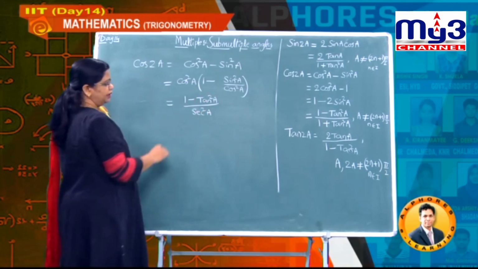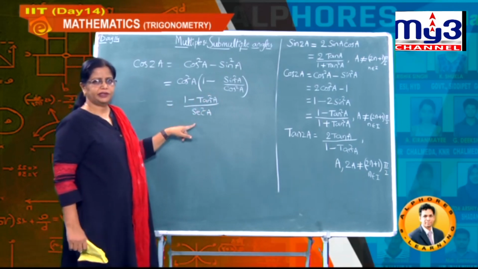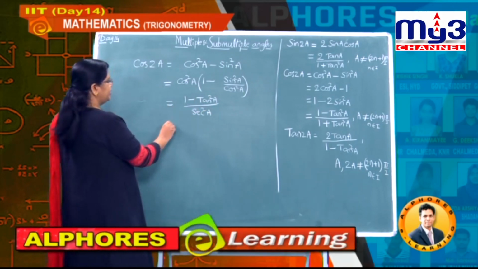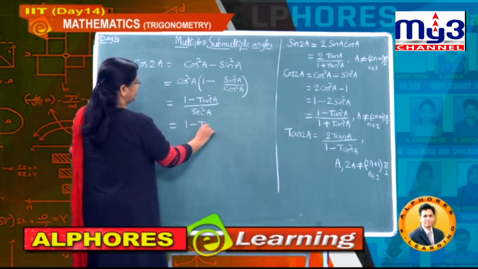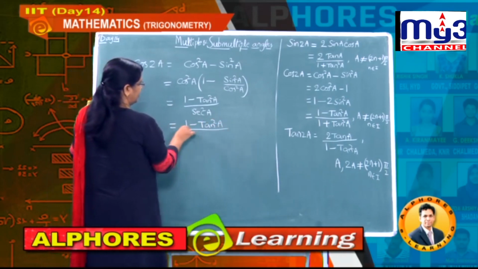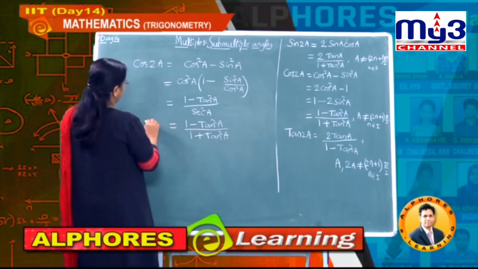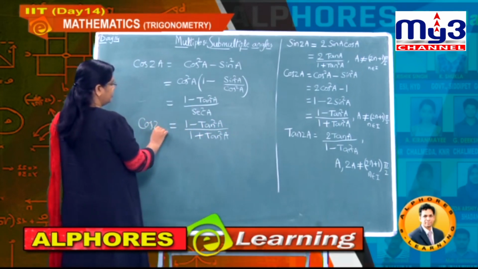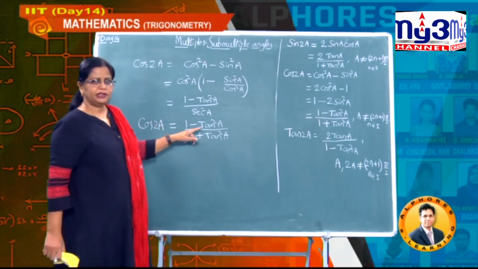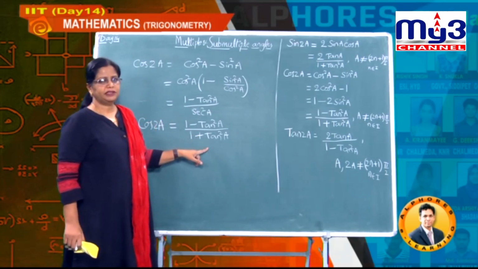Cos square A equal to 1 by secant square A. Now what is secant square A value? It is 1 plus tan square A. Therefore this is how much here? 1 plus tan square A. So cos 2A you got how much? 1 minus tan square A by 1 plus tan square A.